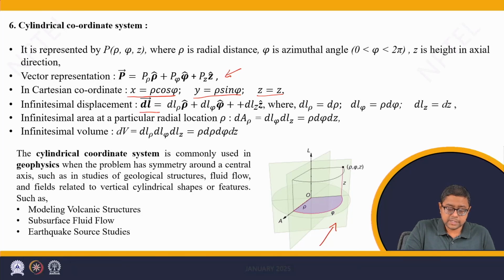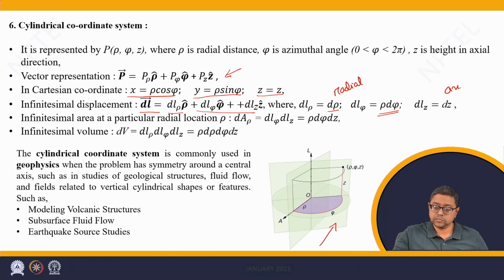The infinitesimal displacements are shown here. Note that only the azimuth angle is weighted with rho, while the radial and axial coordinates are similar to the Cartesian coordinate systems.